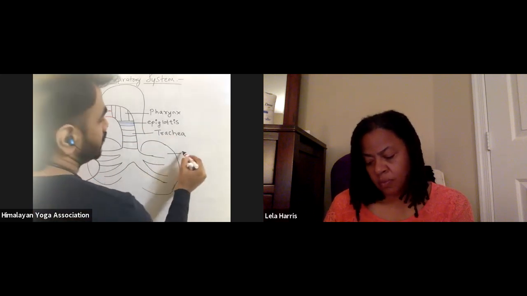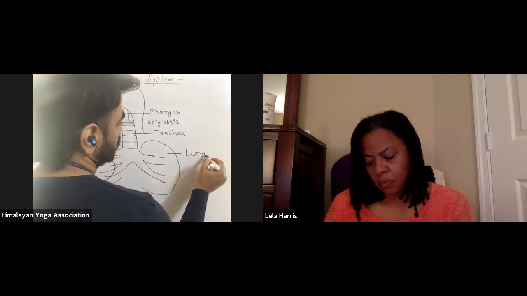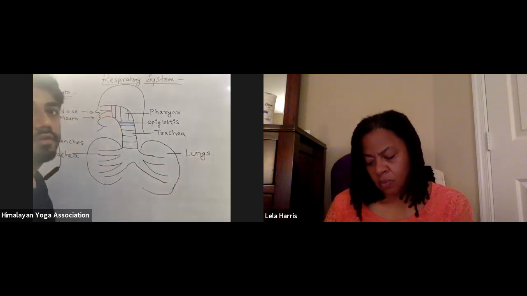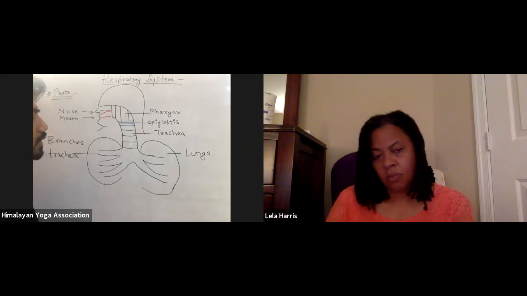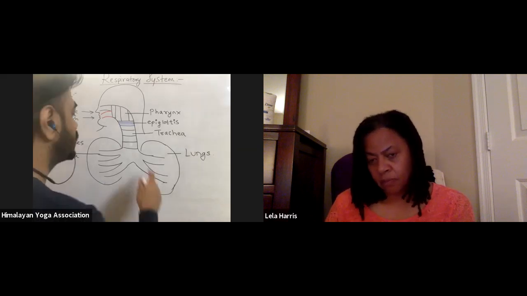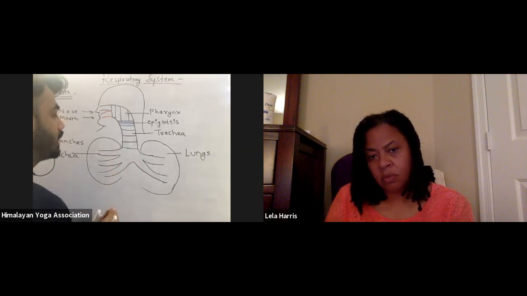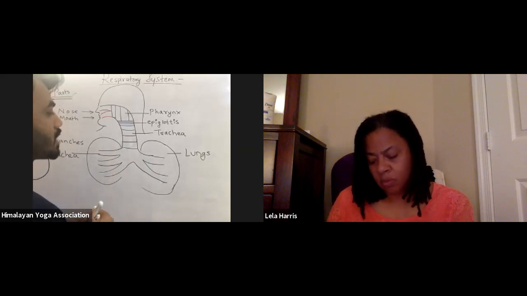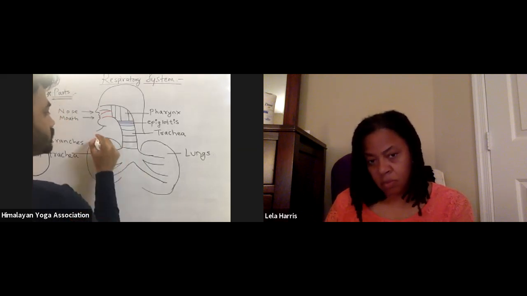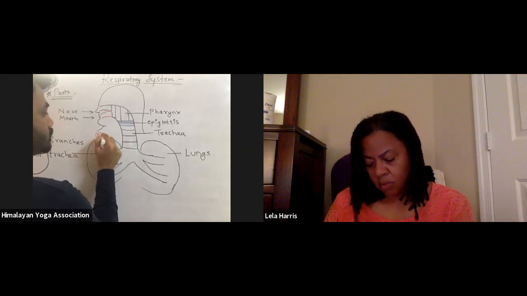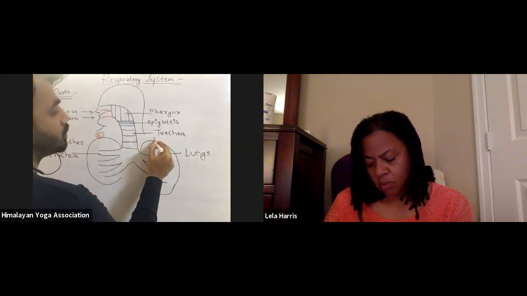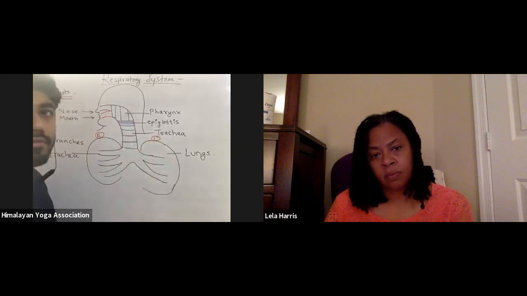These are the lungs. If you see the diagram properly, you will notice that I have drawn 3 branches of trachea in our right lung and 2 branches of trachea in our left lung.